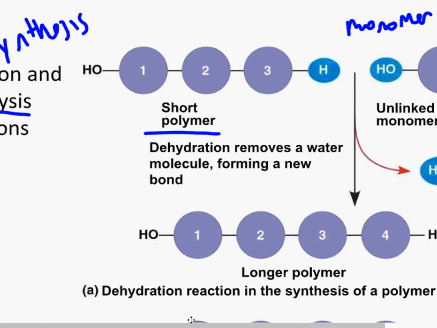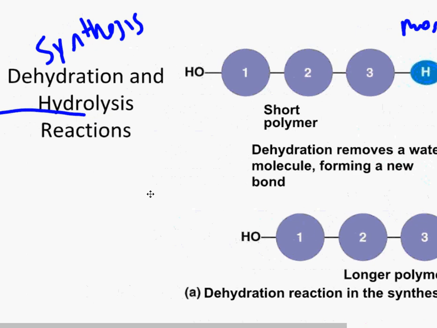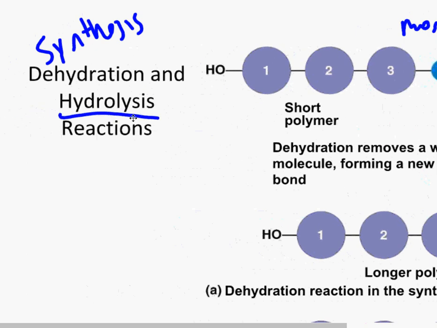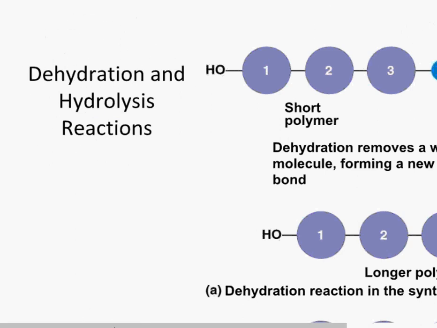Sometimes you'll see the prefix di in front of something like a disaccharide for our two carbohydrates. And so what are these two reactions, dehydration synthesis and hydrolysis? Well, they are how these molecules are combined and how they are separated.